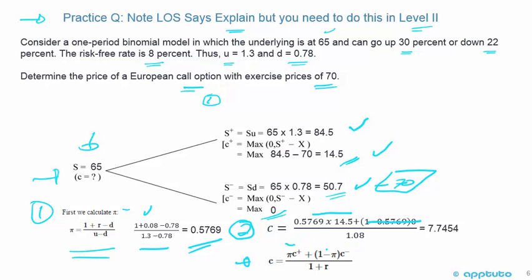And we're going to divide by 1 plus the risk-free rate. So our numerator, 0.5769 times 14.50, divided by 1.08, we get the value of the call option here to be $7.7454, okay? So that's a nice little review of how we calculate the price. We did the calculations, the LOS says explain, and we calculated the price of the call using a one-period binomial model.